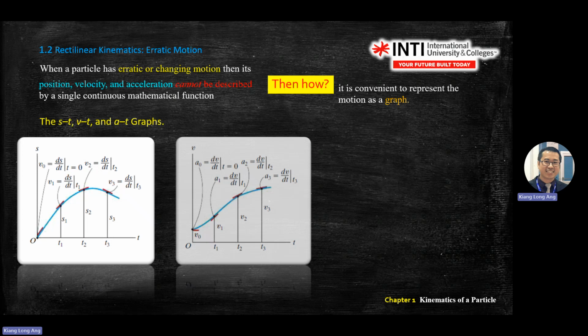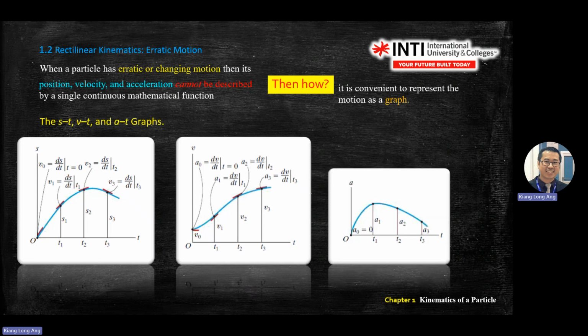Right, so we're going to introduce the three graphs. One is S versus T, which is displacement or position versus time. The second graph is velocity versus time. The third one is acceleration versus time. Before we move forward, we have three kinds of graph from mathematics.